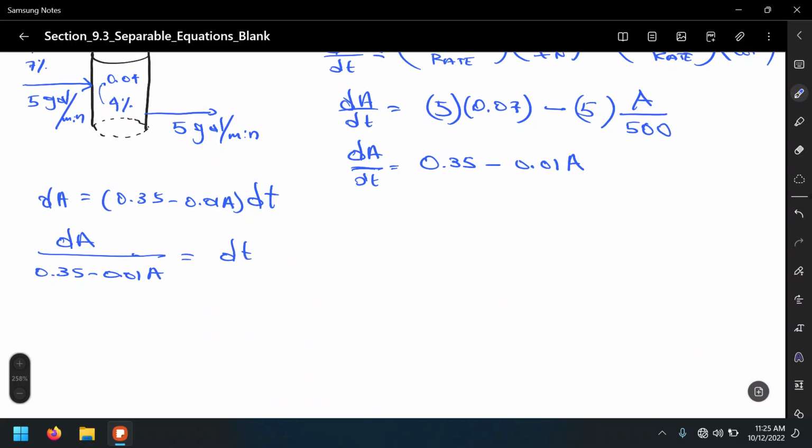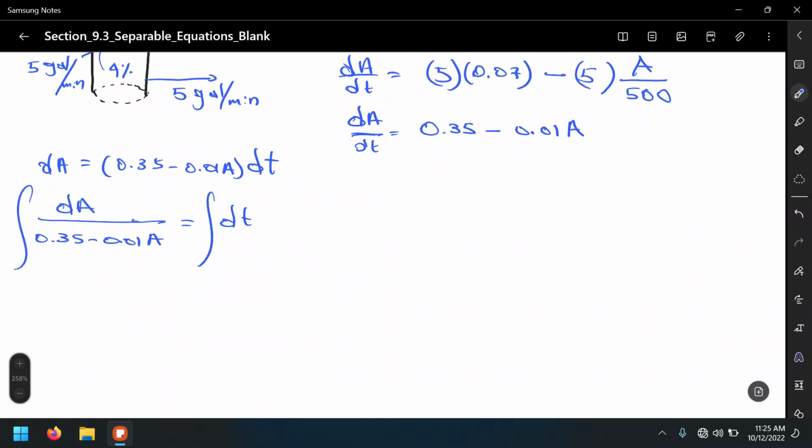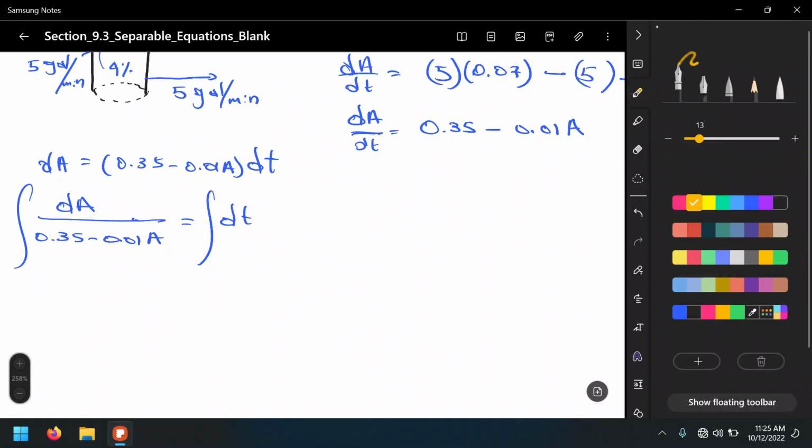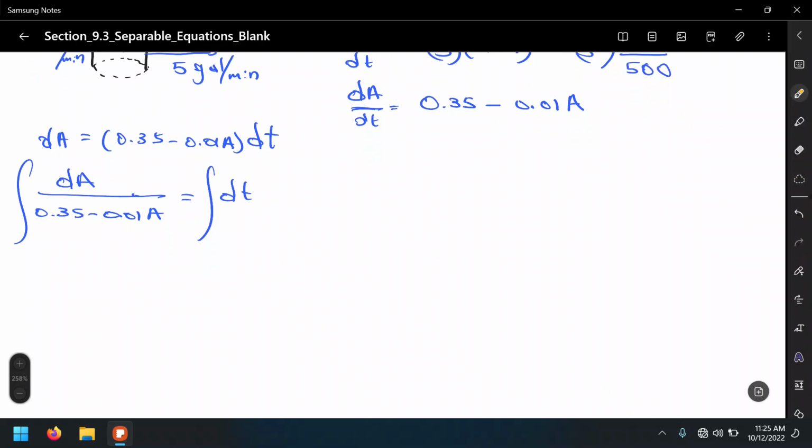So now that we separated the variables, we can go about the integration to get the original function. All right. The right hand side of the equation is just the integral of dt, and that's simply t. However, the left hand side will require a baby u substitution. I'm going to set up that u substitution here. u equals 0.35 minus 0.01A, and du equals negative 0.01 dA.